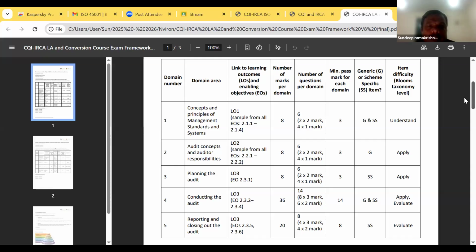These are definitions inside the CQI IRCA requirement, and when we as authorized training providers go in, we will have all these details in the question paper. In the exercises, if you see the first few paragraphs, what are the learning objectives? From those exercises, similar multiple choice questions will come.